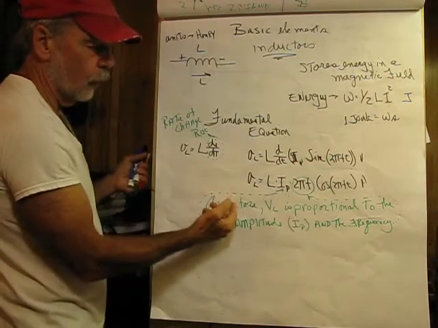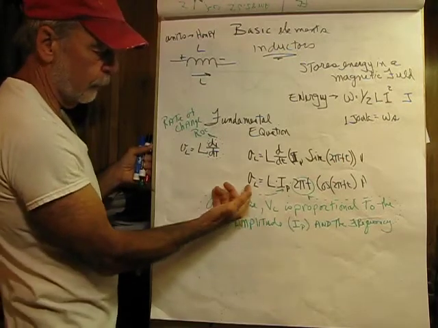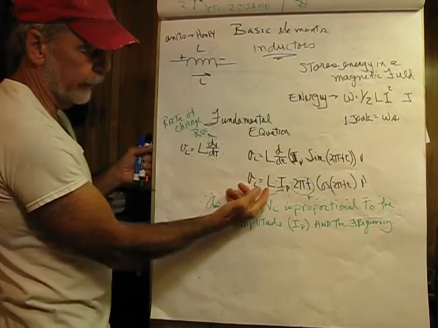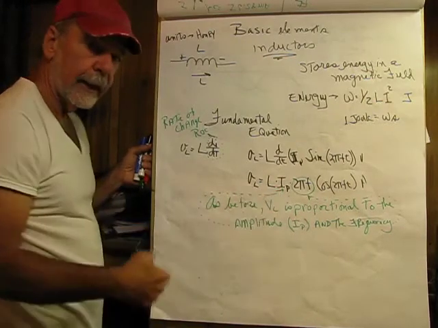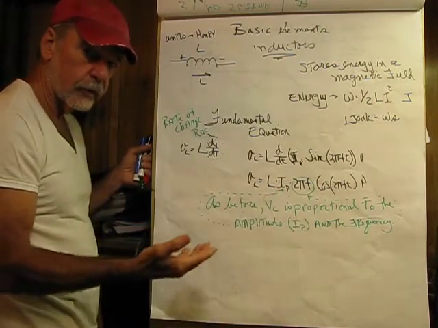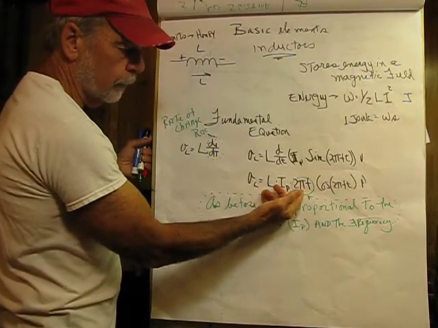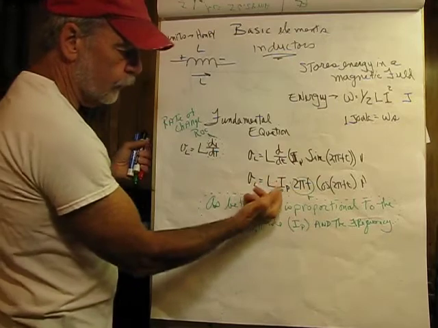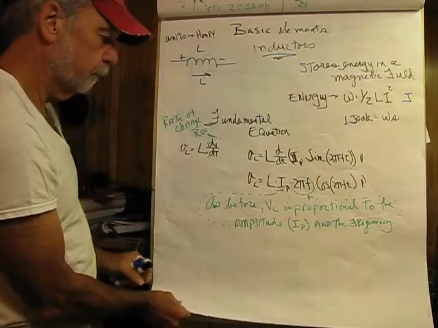So as before, when we take the derivative of this, finding the rate of change, we end up with the inductor voltage equals L, which we would inspect, is proportional to IP, as was the capacitor proportional to Vc, is also proportional to the frequency. So we end up with these terms sitting as a multiplier to the cosine function.